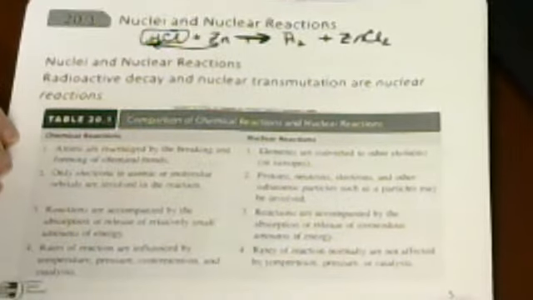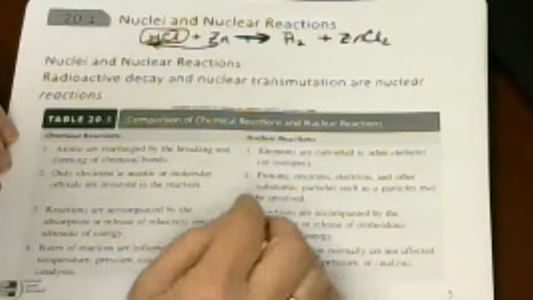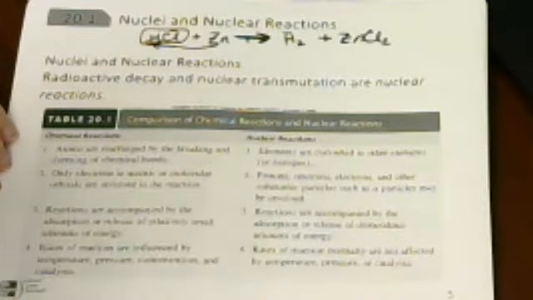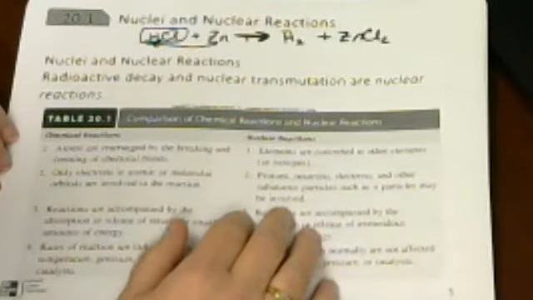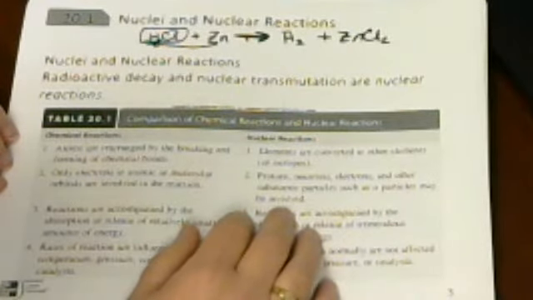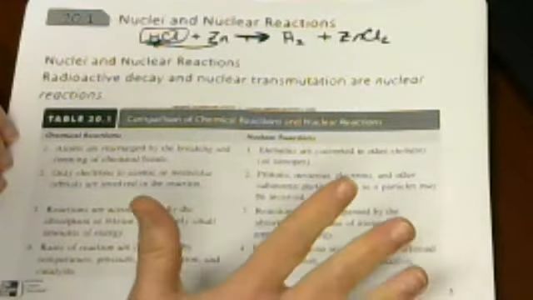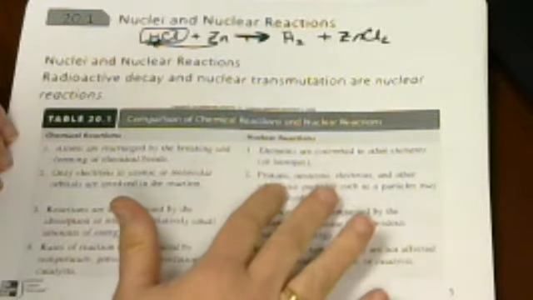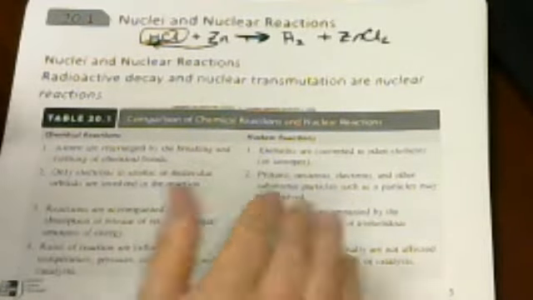In chemical reactions, it's only the outermost electrons that are involved. But in nuclear reactions, all three particles, protons, electrons, and neutrons, and even positrons and alpha particles can be involved, unlike chemical reactions where you're only talking about the electrons.